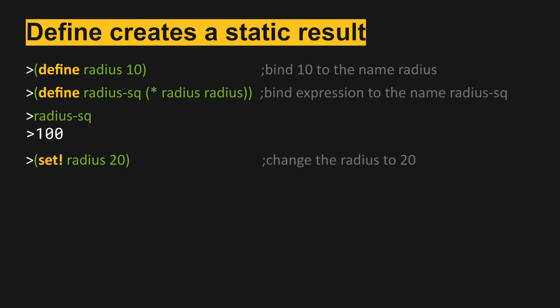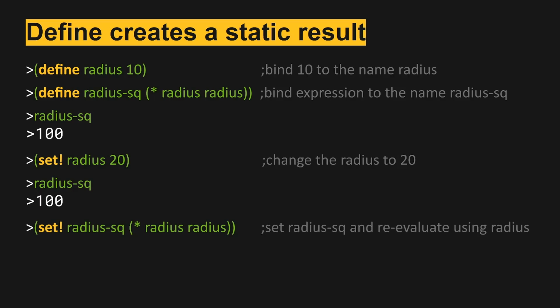So even if we did a set radius here, we would be used to thinking that if we called radius square again, it would now be 400, except that's not the case. It'll be 100. So this definition of that function, using known values at the time it's defined, will cause it to be static. Now, if we reset it again, and then we ran it, then it would change.